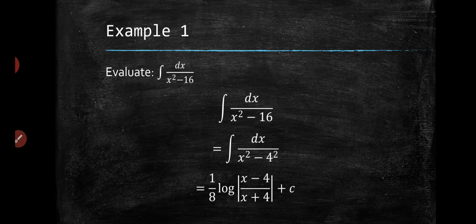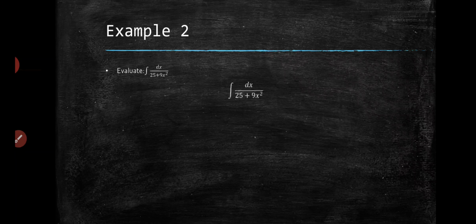Let us move to question number 2. Integration dx by 25 plus 9x square. So here we have to do a little bit of work. What work we can do?